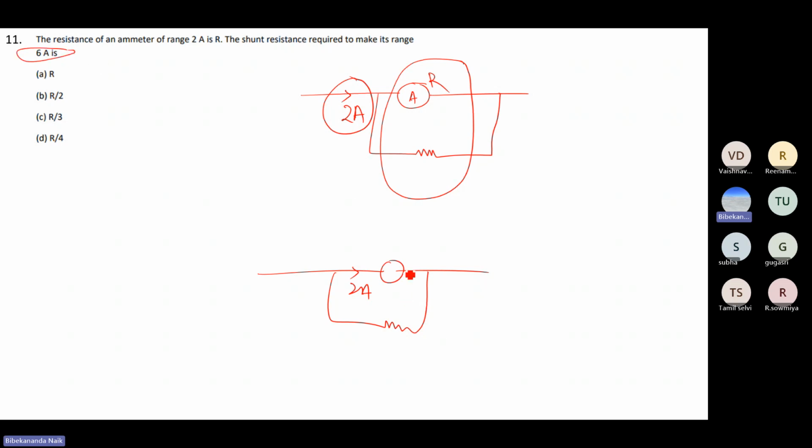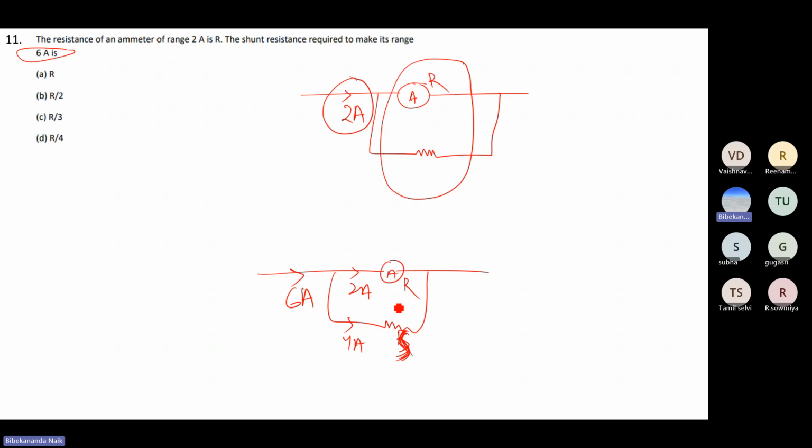So if 2 ampere is passing through the ammeter, then the remaining 4 ampere will pass through the shunt resistance. Suppose the shunt resistance is S and the ammeter resistance is R. We need to find the value of the shunt resistance so that the current is divided such that 2 ampere passes through the ammeter and 4 ampere through the shunt. The total current is 6 ampere.